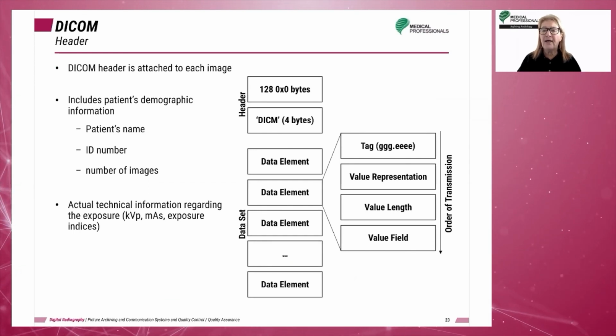The DICOM header is part of each image acquired. The information recorded in the header includes the patient demographics, such as name, medical records identification number, and the referring physician. The header also records the number of images in the study, the technical factors used for the image, and the exposure index for the exposure in all but PSP systems.